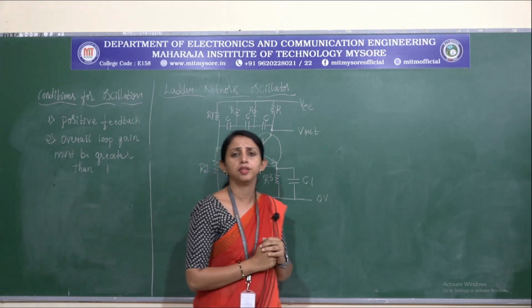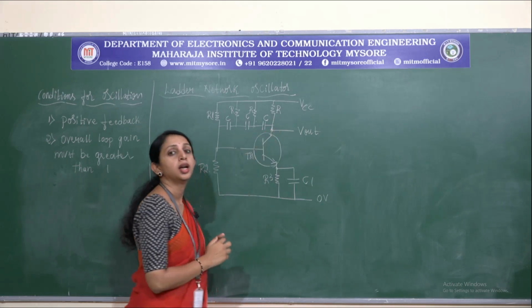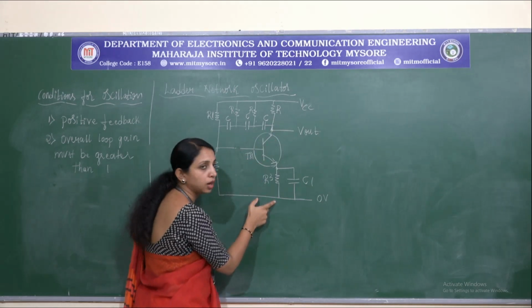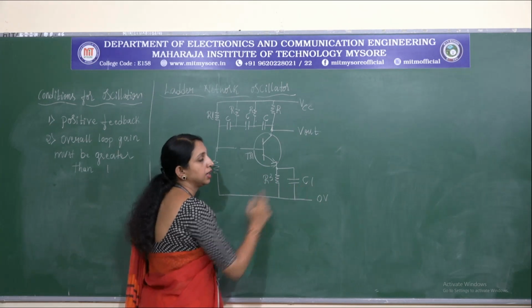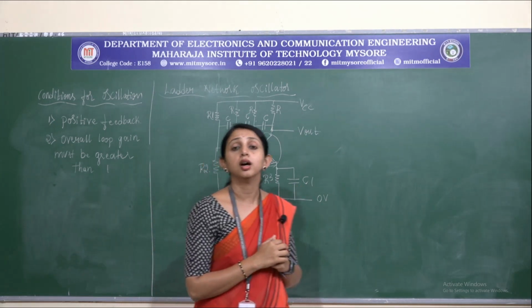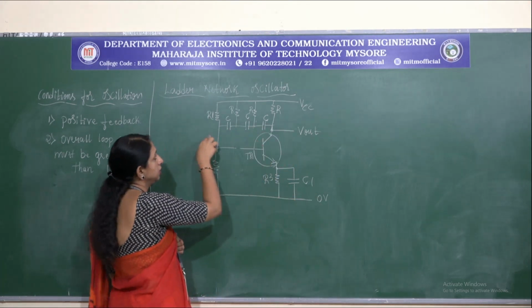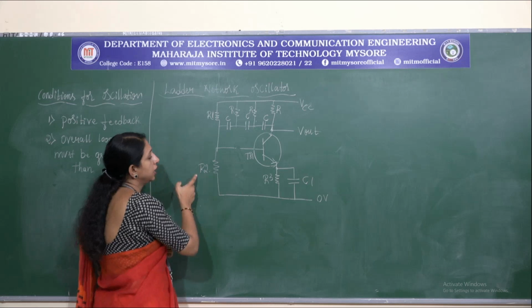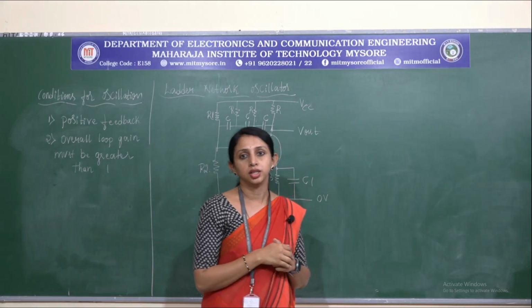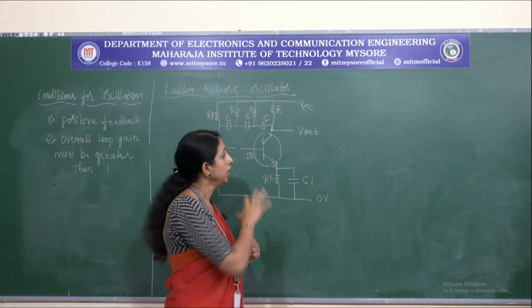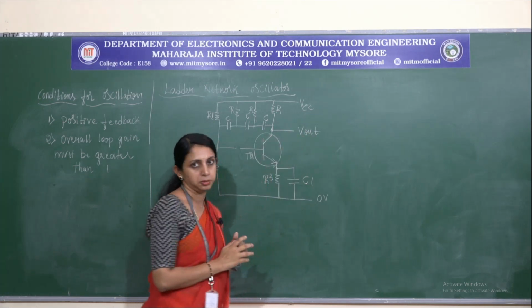The transistor has three terminals: emitter, base and collector. The emitter is grounded here and connected to a resistor and capacitor in order to provide emitter stabilization. The base is connected to two resistors R1 and R2, which act as a potential divider circuit. Here the output is drawn out from the collector terminal.